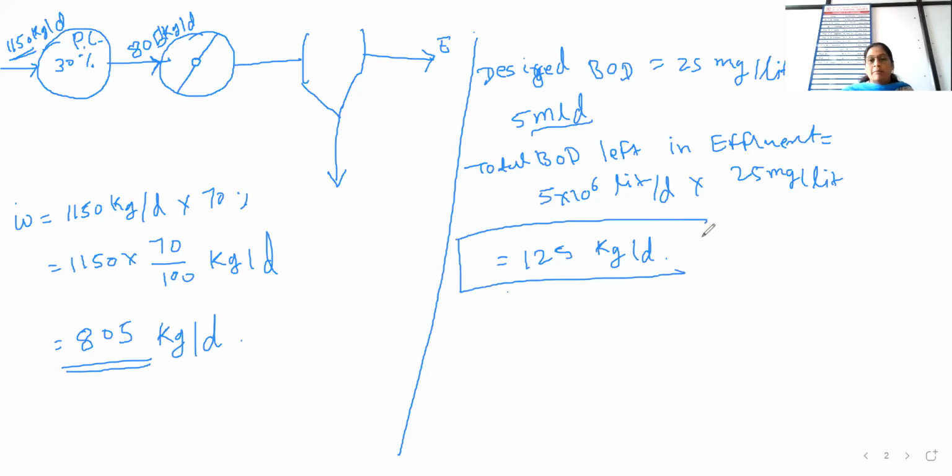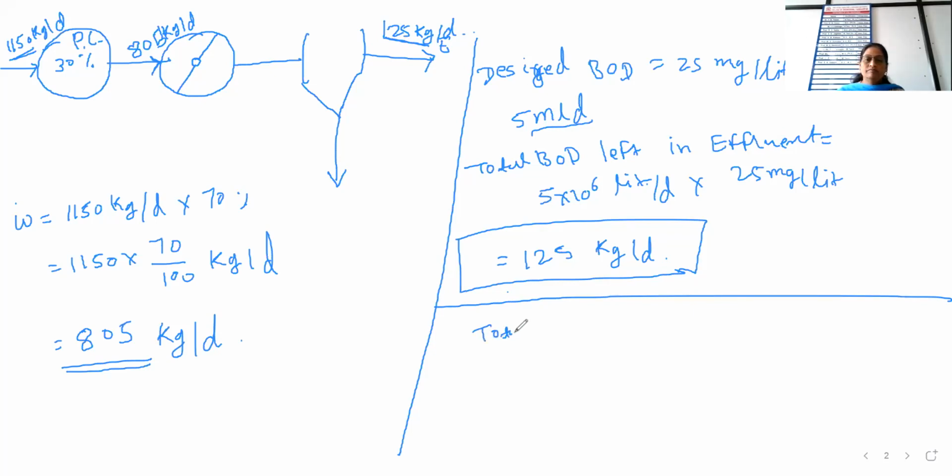So this is the BOD that is allowed to remain, 125 kg per day, means this much will remain over here. Now what is the quantity of BOD removed by the trickling filter? I will write here, total quantity.